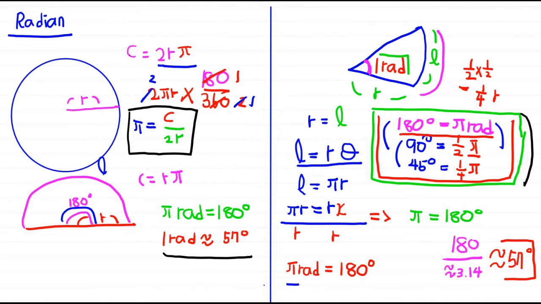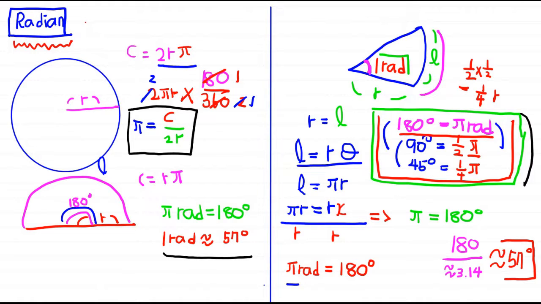If you review the things that we did today, we talked about radians first of all. Radians, as I've told you, are one of the ways of measuring angles, like degrees.